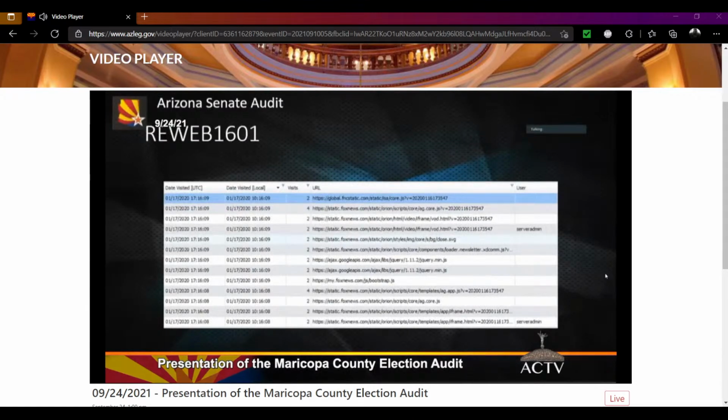Okay, now REREB 1601 is kind of an interesting case. Once again, we did not receive any network configuration diagram. We did not receive any functional information as to the network. It was one of those things that as an auditor, in most cases, I can go back to the entity being audited and say, what is this?